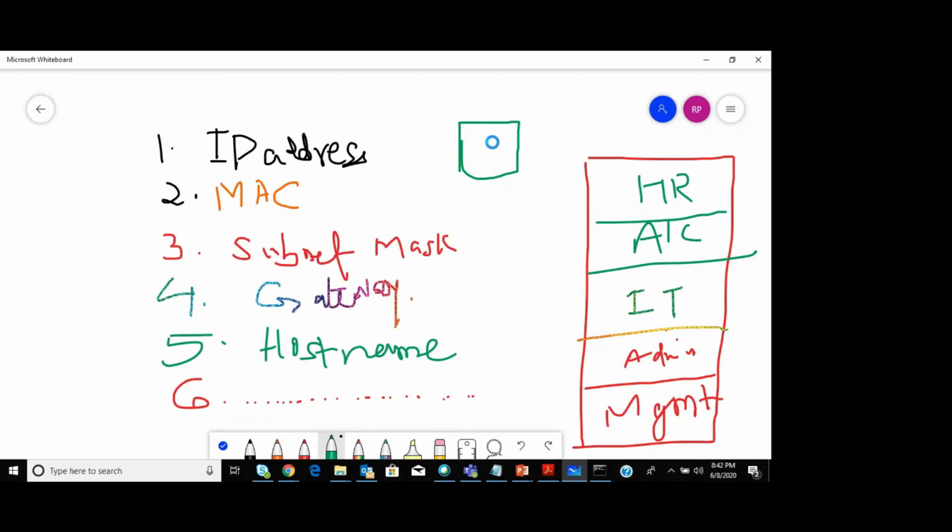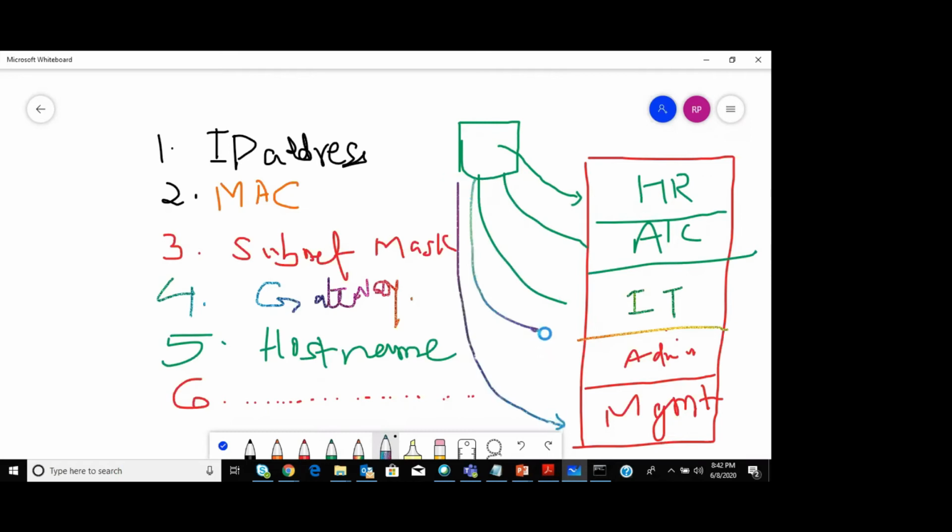So the switch is going to provide IP addresses here and here, likewise, to all your departments. So the problem is, suppose you are not doing subnetting. Then this switch is going to provide networking to all the departments.